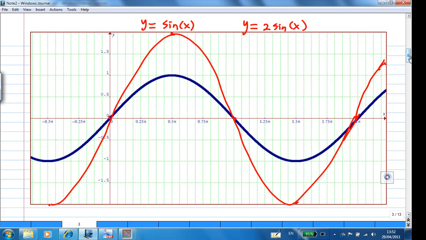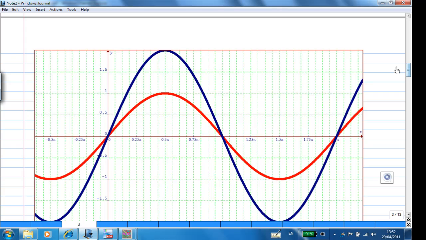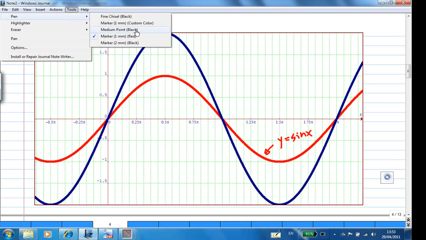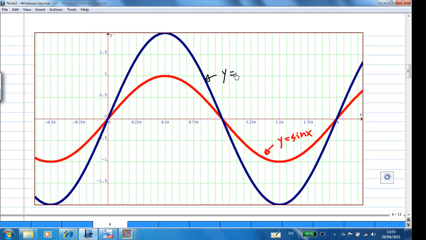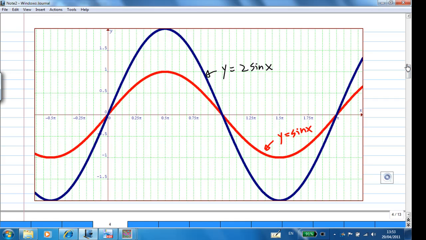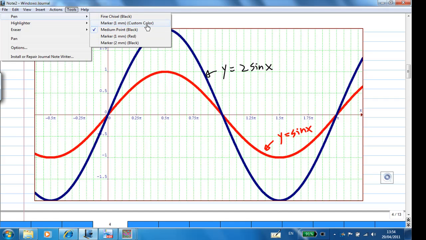In fact, you can check by arithmetic. This is the graph of y equal to sine x and the graph of y equal to 2 times sine x. Now, what happens if you have y equal to half times sine x? How does the graph look? Let me use a different color.